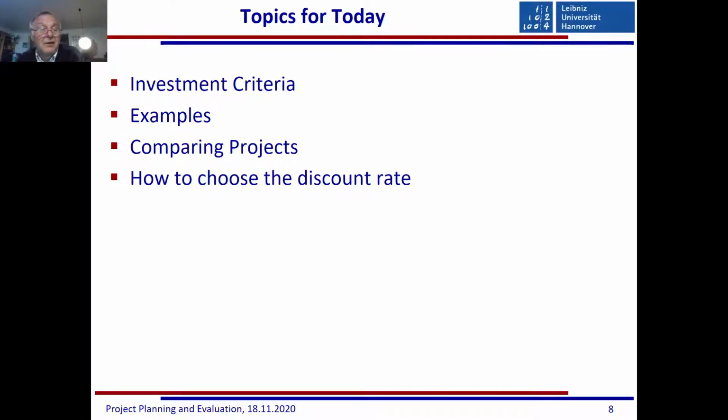And we look at the possibility to make choices based on economic criteria. Certainly, it's not always possible, or it's not always happening that these choices are made based on economic criteria, but at least we should understand the tools to do that.